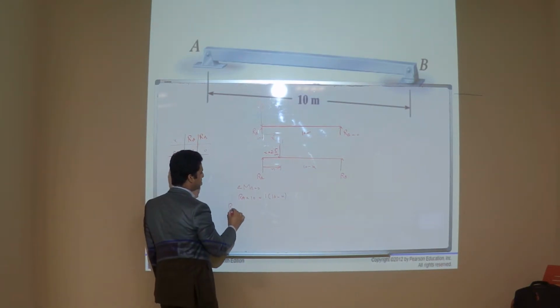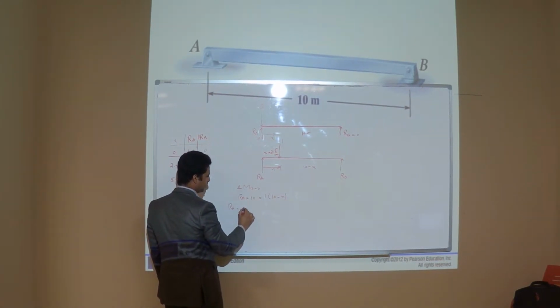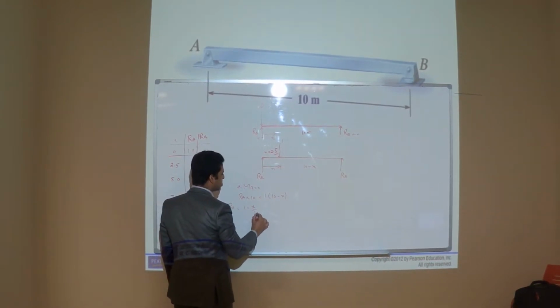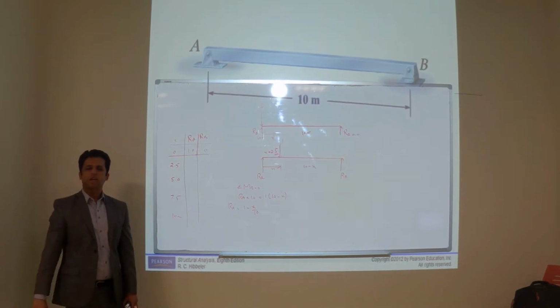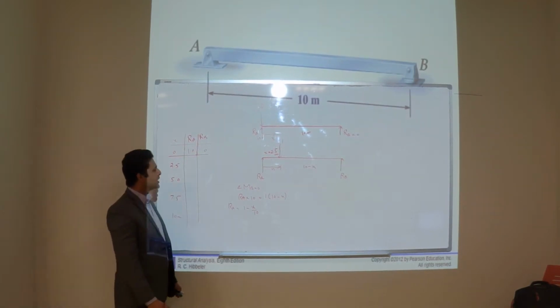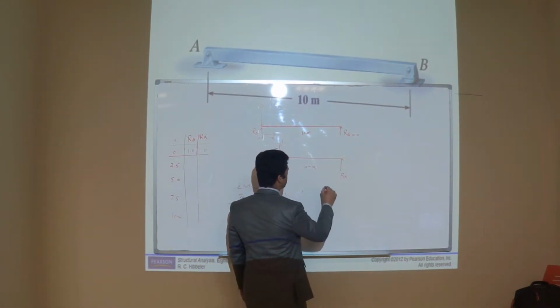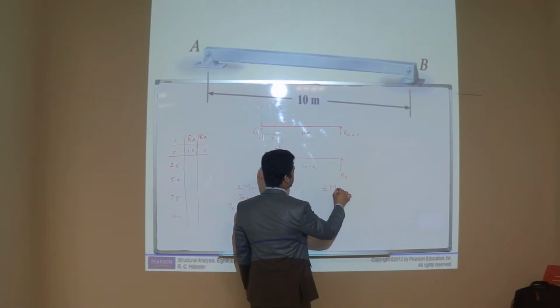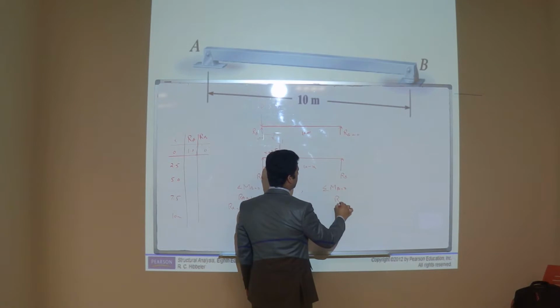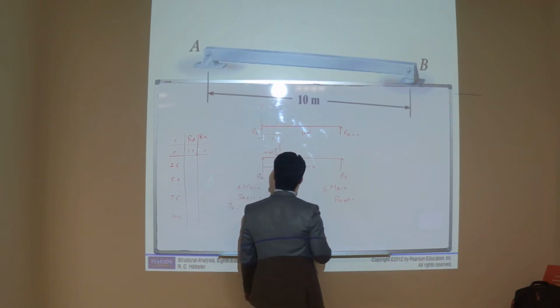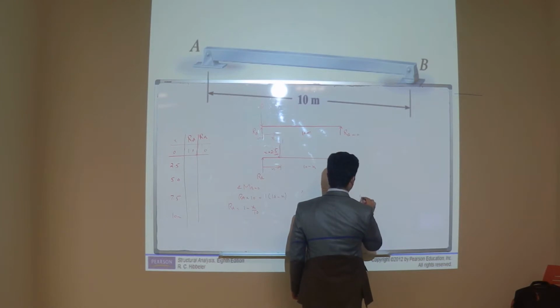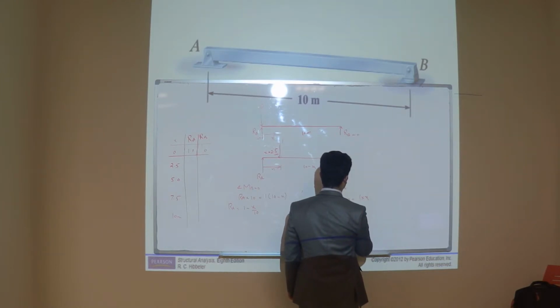So RA will be equal to 1 minus x over 10. In the same way, we can also find RB. In order to find RB, I will take moment at point A. RB into 10 is equal to 1 into x. Is this correct?